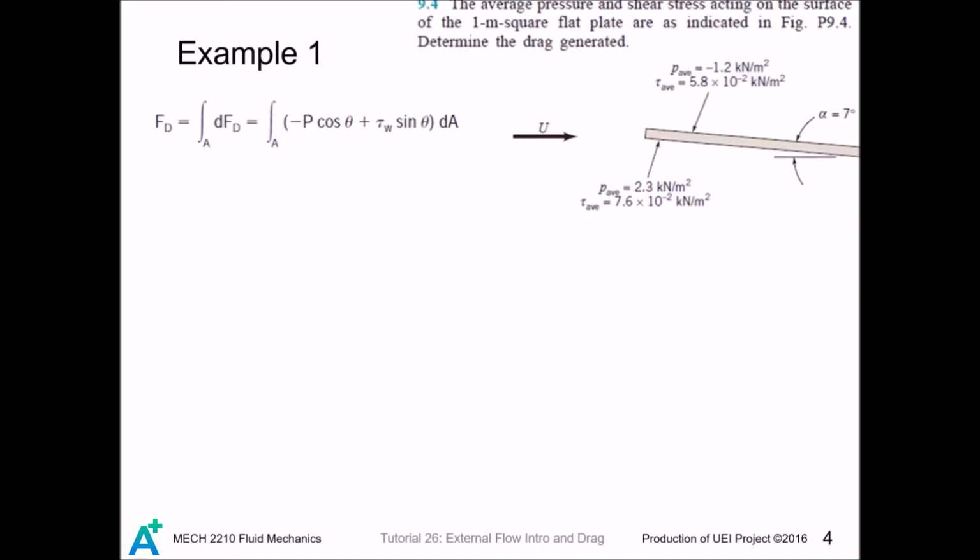So, now let's do our first example. It is just a plate. Only the top and the bottom are subjected to the pressure and the shear stress. The end effects are neglected. If we label the top surface as 1 and the bottom surface as 2, we can break this integral as... but then, theta is the angle that the normal vector makes with the x-axis.